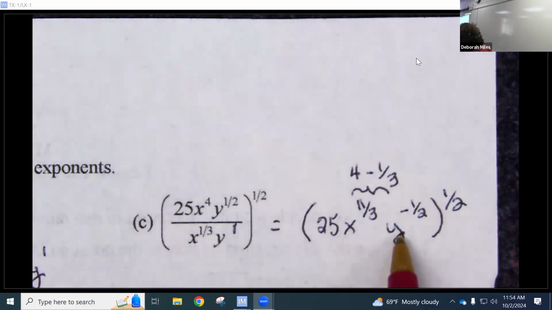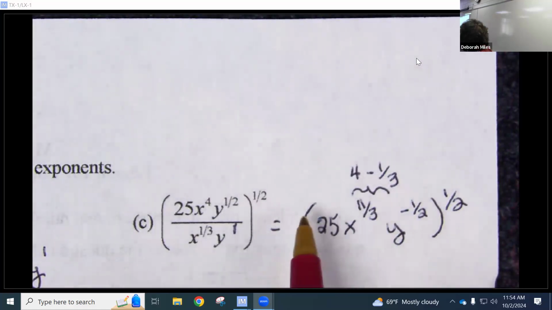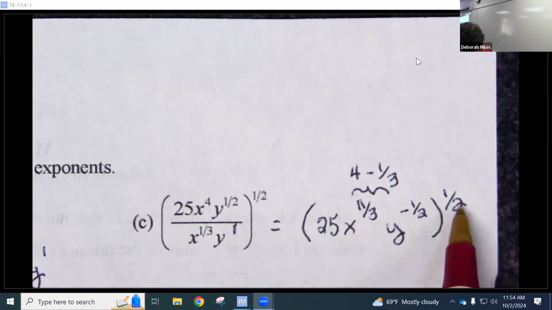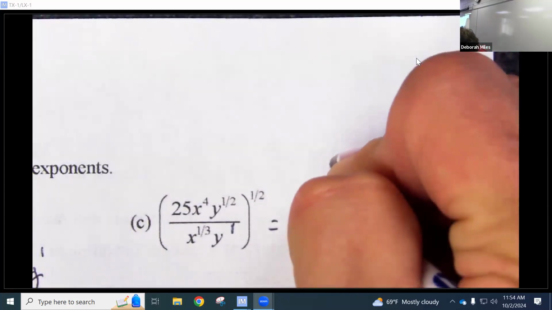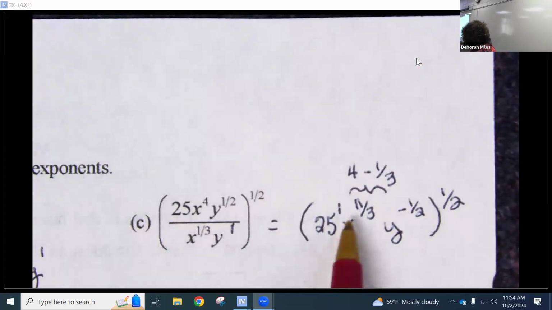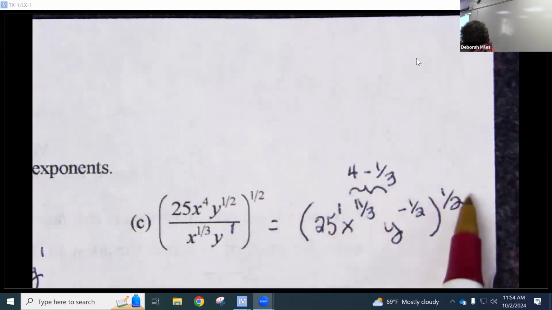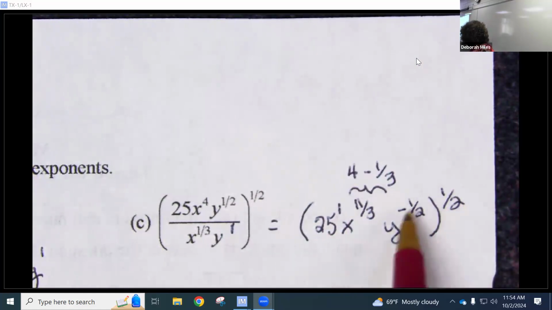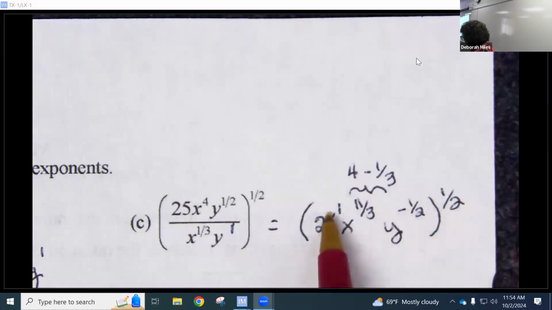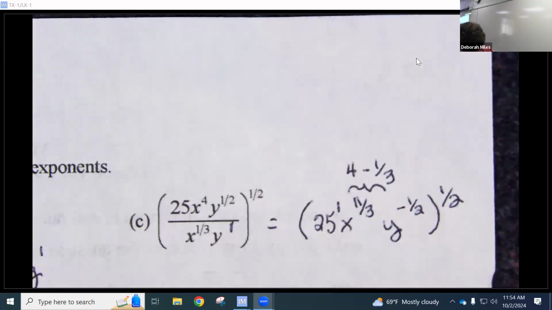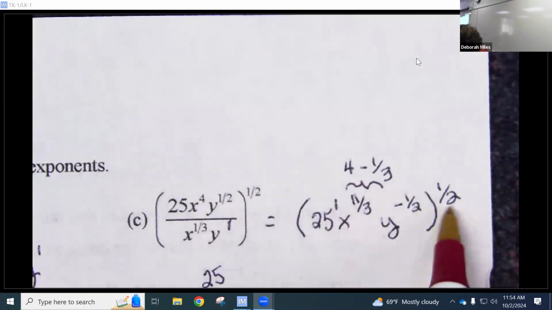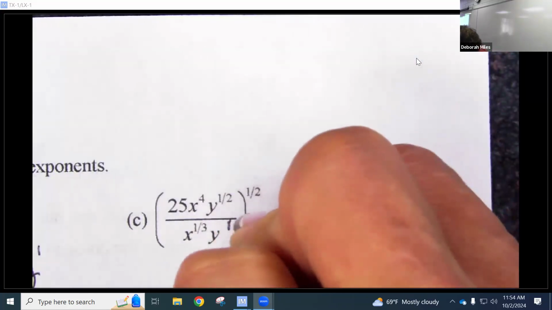These factors raised to the 1/2 means raise each factor to the 1/2, or think of that 25 as having its own exponent of 1. Multiply the 1/2 outside the parentheses by each exponent inside the parentheses. 25 to the 1 times 1/2 is 1/2.